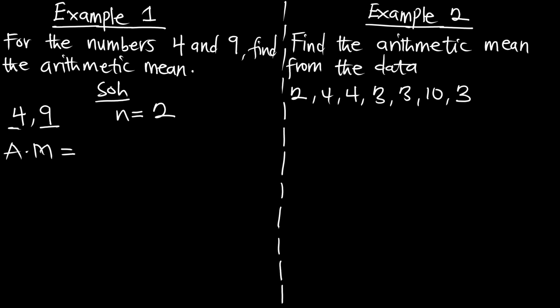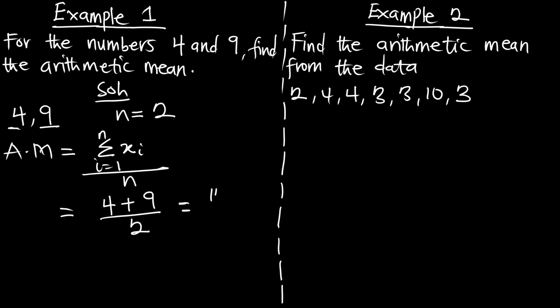So you can say, let arithmetic mean be equal to AM. Are we okay? So AM is the summation of all the x variables, where i starts from 1 up to the nth term, divided by n. So in this case, it is going to be the summation of 4 and 9 over n. n is 2, and this is going to give us 13 over 2. Therefore, our arithmetic mean is 6.5.